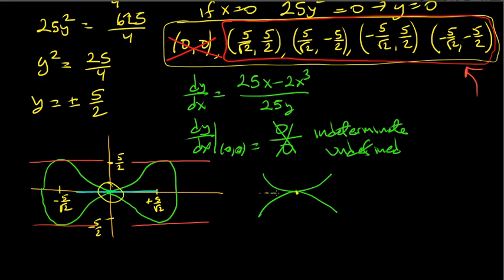So even though it looks like the tangent line is horizontal there, according to this derivative here, when x and y are both 0, you don't get a number. You don't get a slope. So for that reason, we really had to get rid of the 0, 0 as an answer. It's not one of the answers, or it shouldn't be. So think of a graph that crosses itself like this then.